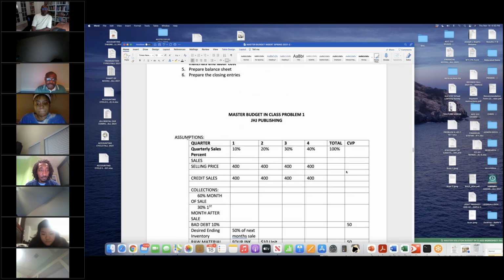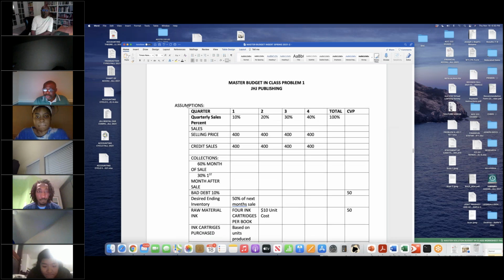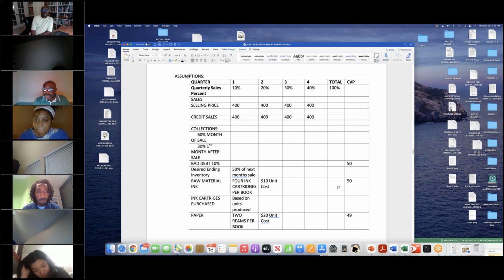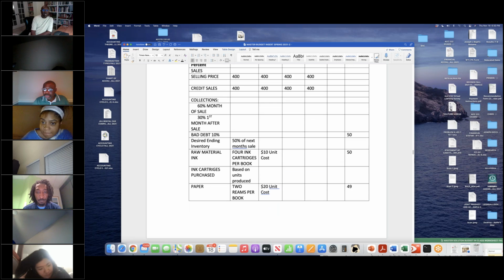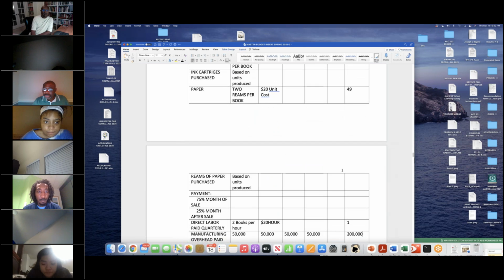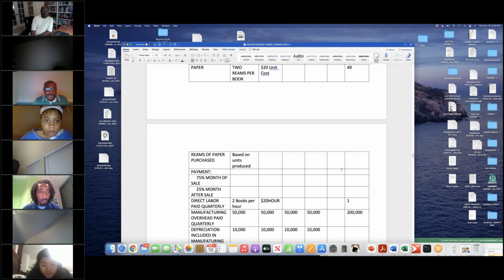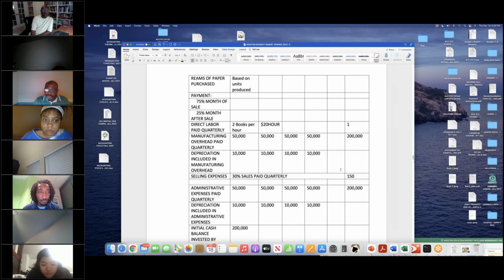So in this practice problem we're working on, our selling price is 400. Our bad debt is 10%. We keep those at 30%, but it's going to be 30% of the new selling price.